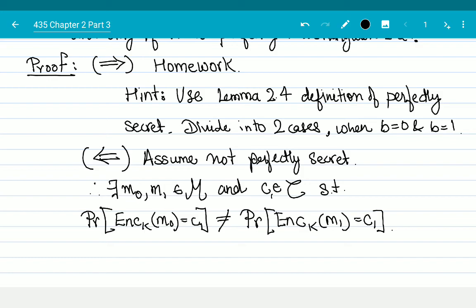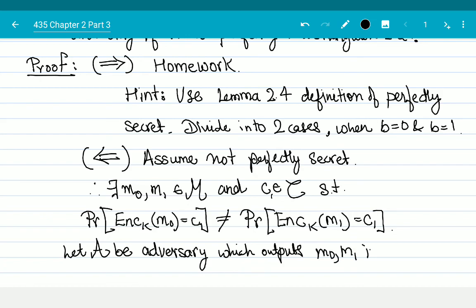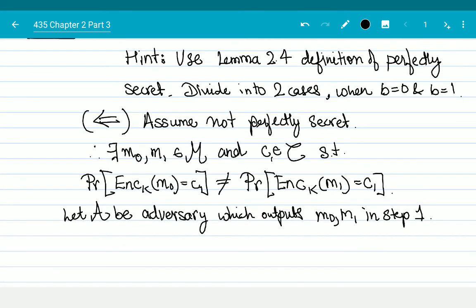Then let A be the adversary which outputs m0 and m1 in step 1. Okay, and here's what A does.